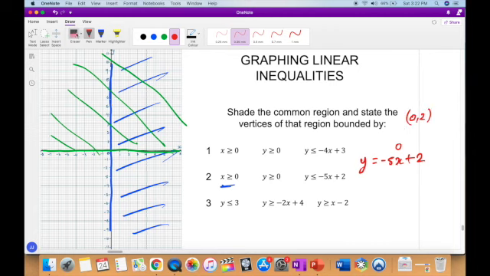Right? And when x is 1, negative 5 times 1 is negative 5 plus 2 is negative 3. So when x is 1, y is negative 3. So now I could draw the line. When x is 0, y is 2.